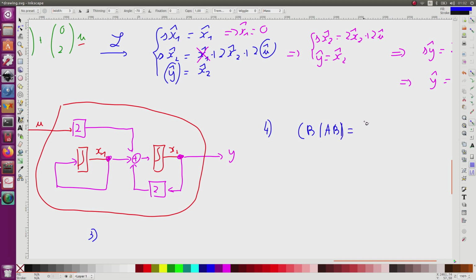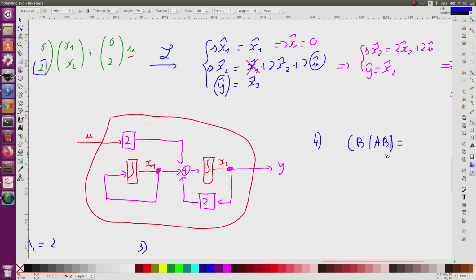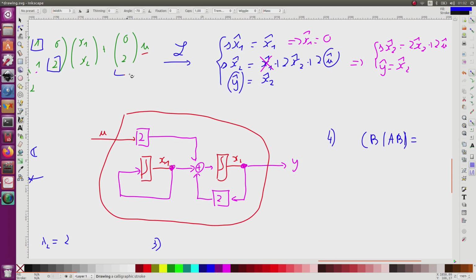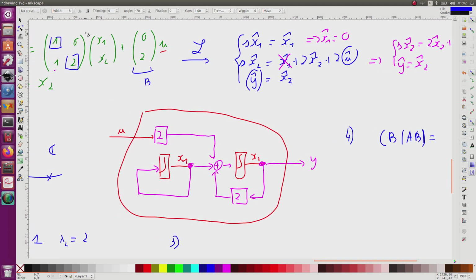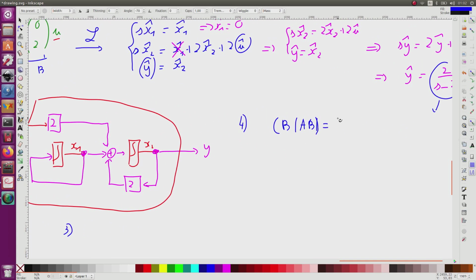So this is B, and this is A. So B, AB is 0, 2. I multiply A by B and I obtain 0, 4. This is the controllability matrix. I see that the rank of this matrix is equal to 1, which is strictly smaller than 2. I conclude that the system is not controllable.